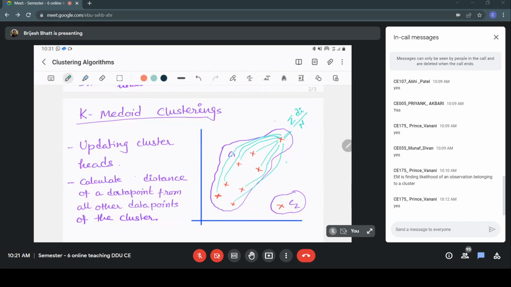In simple words, it is the average. So this I will do for every data point. For every data point inside the cluster, I will calculate this sigma d_i upon n, the average distance from all other points.